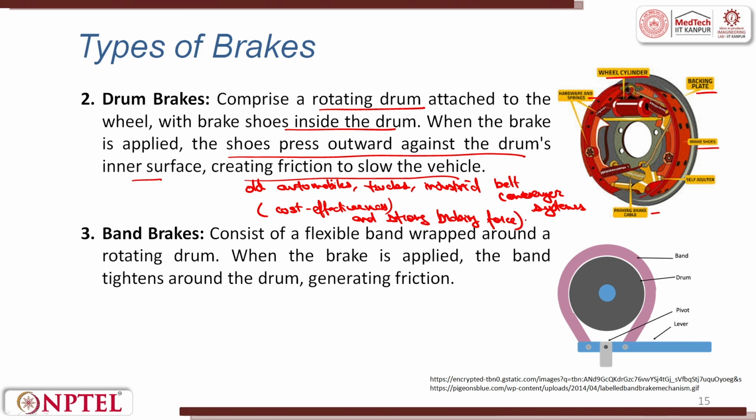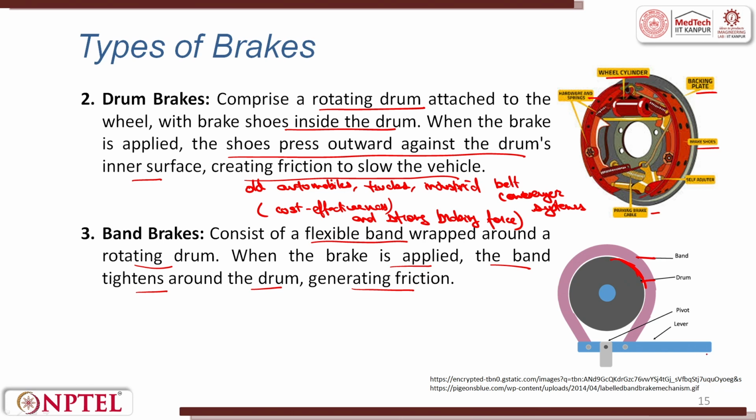Next is band brakes. Band brakes consist of a flexible band wrapped around a rotating drum. When the brake is applied, the band tightens around the drum, generating friction. So, as it is a band brake itself, you can see there is a band and this is a drum. There is a friction between band and the drum here, and there is a pivot and there is a lever.